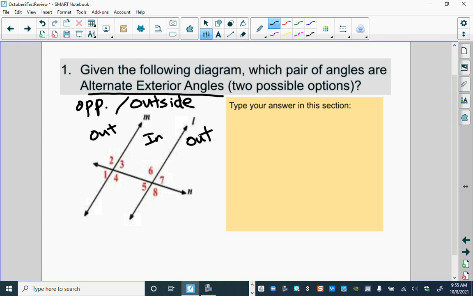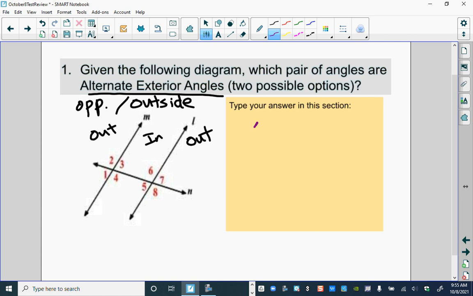So now, given that, who could tell us? Well, let's pick it. I got a better idea. Let's pick at least one angle that is outside the two parallel lines. Pick any one of the 4 angles that are. Okay, we can do that. I like that.